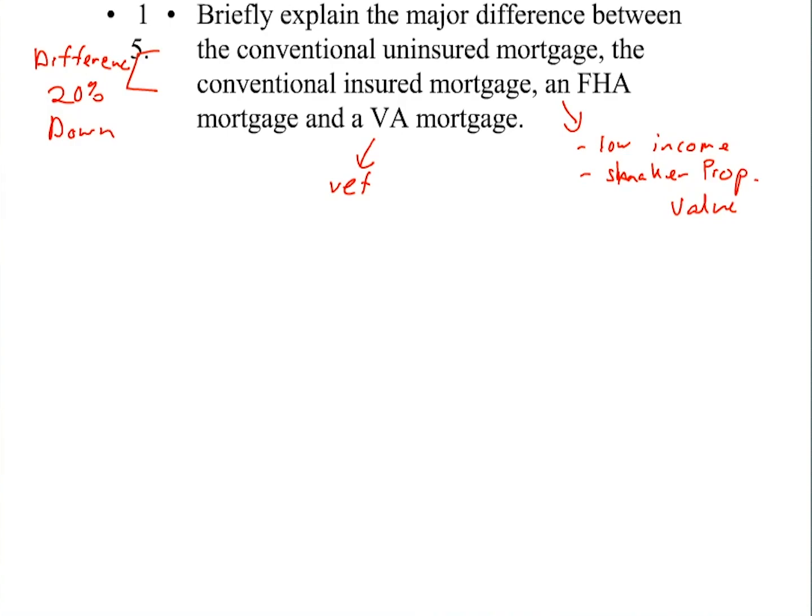With an FHA mortgage, looking for the fact that this is federal insurance, although FHA is not a mortgage itself, it is a federal insurance, and that they are focusing on low income, smaller property value. And the VA mortgage, mainly the difference is that they are focusing on vets. Again, low income, smaller property values, but you do have to be a veteran.